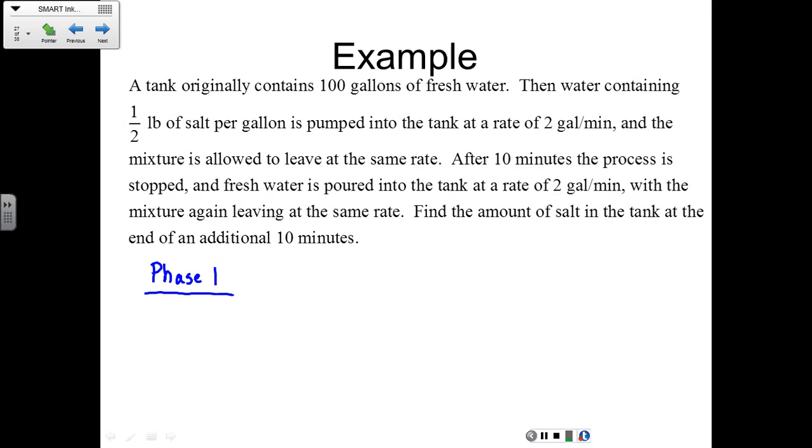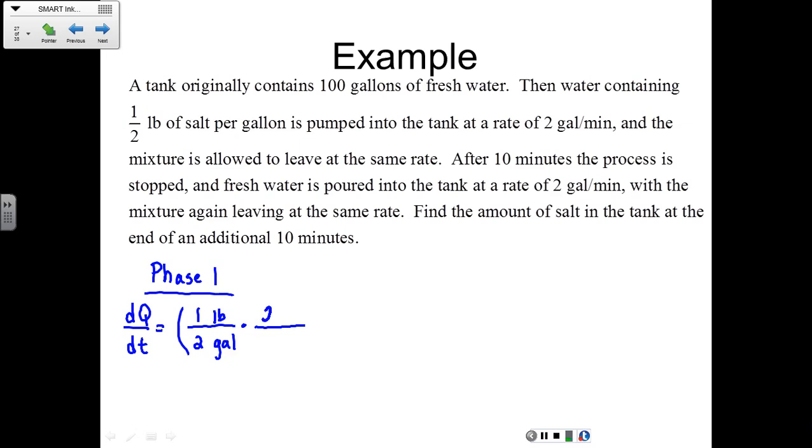So, dQ/dt equals the rate that it's entering, okay? So when we start pumping this stuff, water containing 1/2 pound of salt per gallon is pumped into the tank at a rate of 2 gallons per minute.